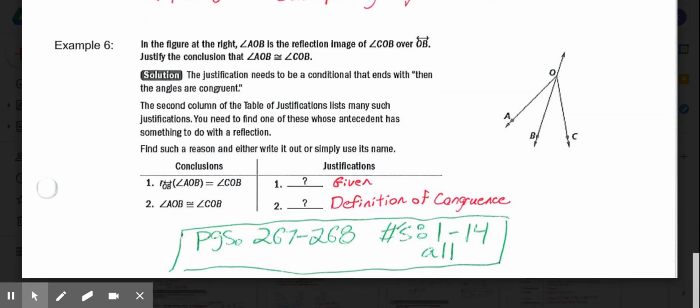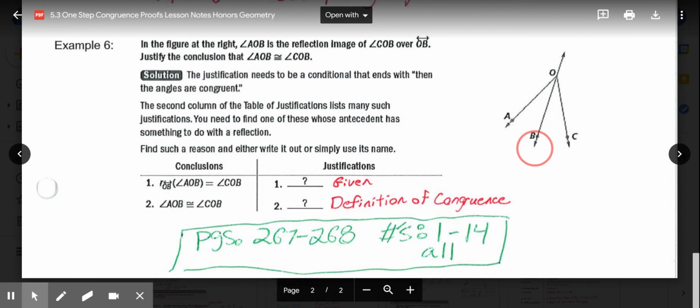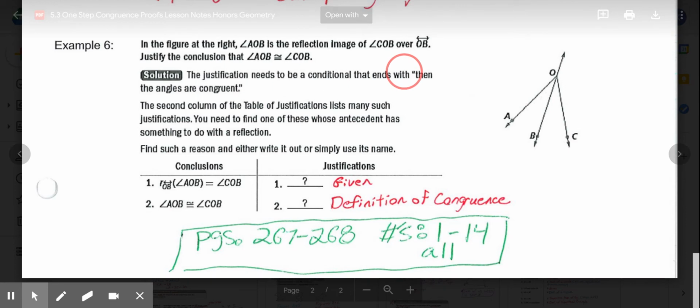And then example 6. In the figure at the right, angle AOB is the reflection of angle COB over line OB. Justify the conclusion that angle AOB is congruent to COB. So we know, again, it needs to end with the idea that angles are congruent.